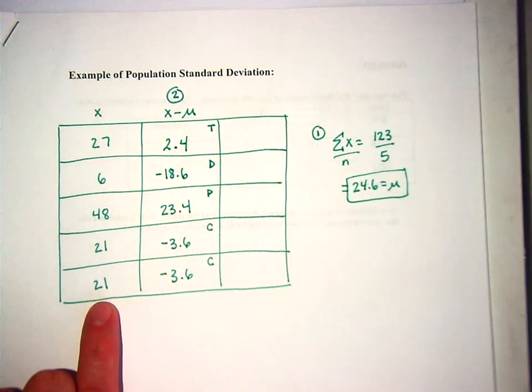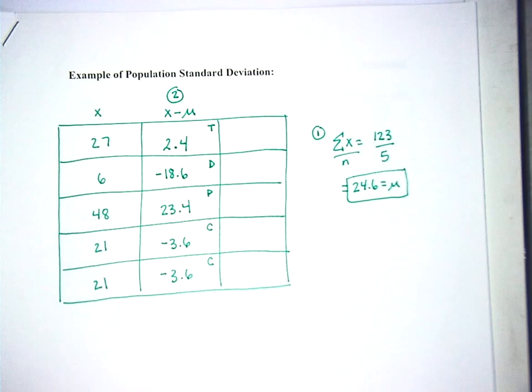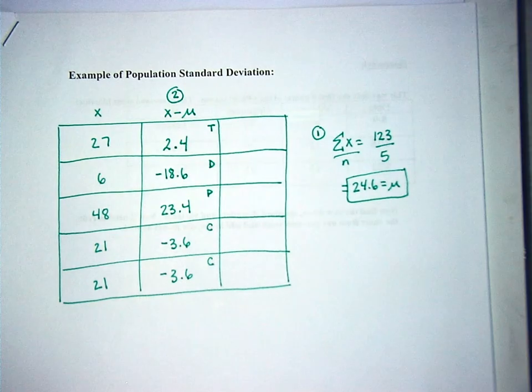All right, we're not going to do it right now, but what do you think would happen if we added all these up right now? It'd be close to 0. Do you want to try it? Try it. 2.4 plus negative 18.6 plus 23.4.